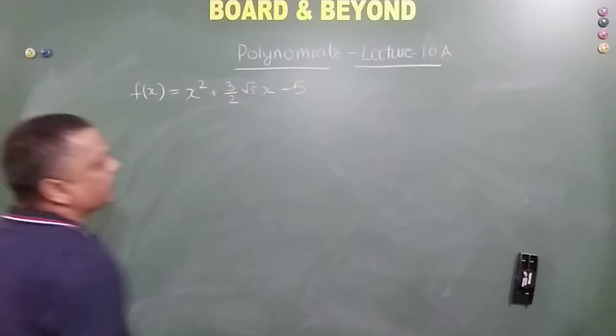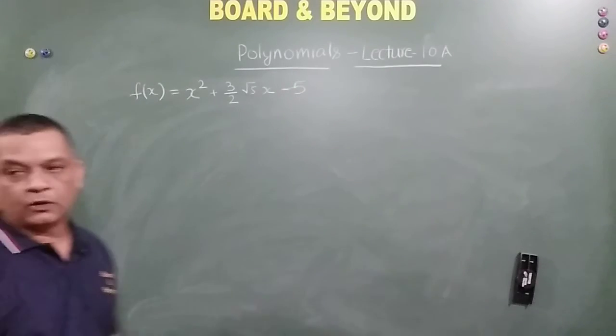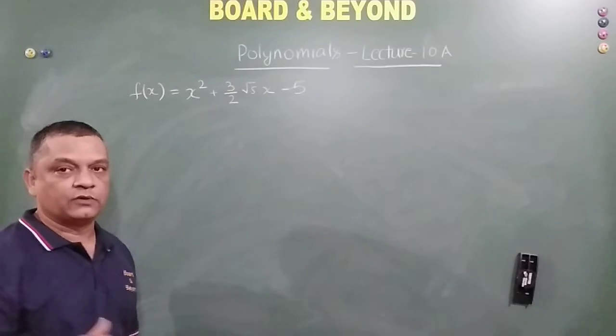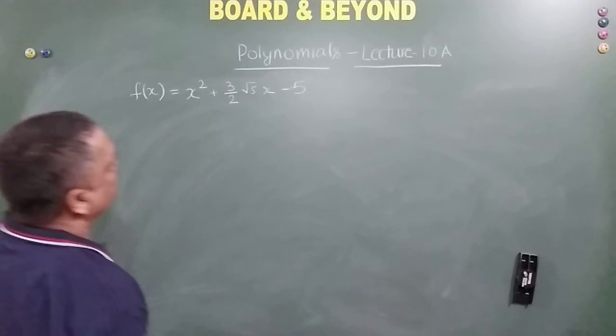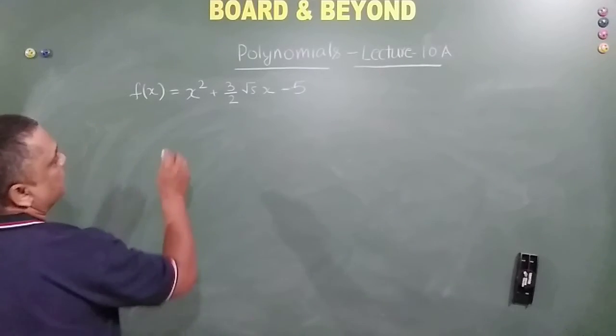We are expected to find out the roots for this quadratic polynomial and also establish a relationship between roots and coefficients for this quadratic polynomial, right? So yeah, let's do that.